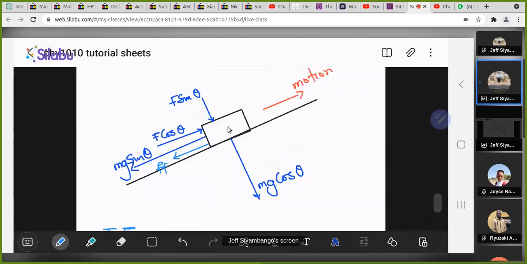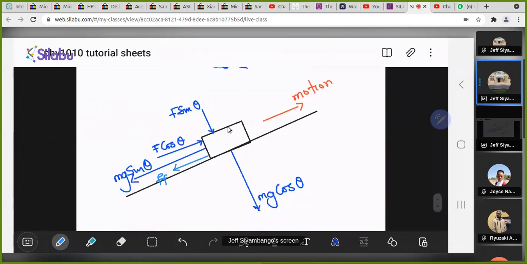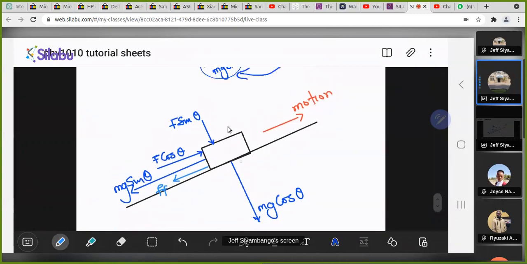There's one force that I've left here. Wherever there is a surface, there will be a normal, a reaction from the surface. So the force that I left out was the reaction from the surface. And you know that reaction pushes perpendicular from the surface. So we expect that reaction to be in this direction, from the surface onto the object.